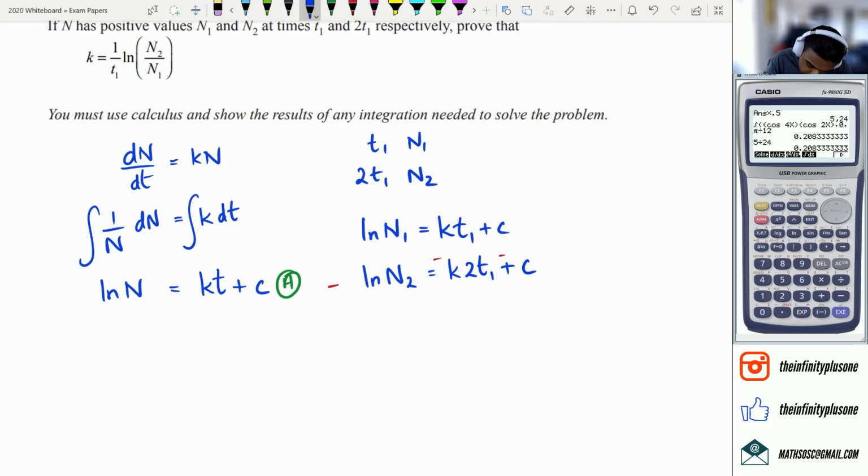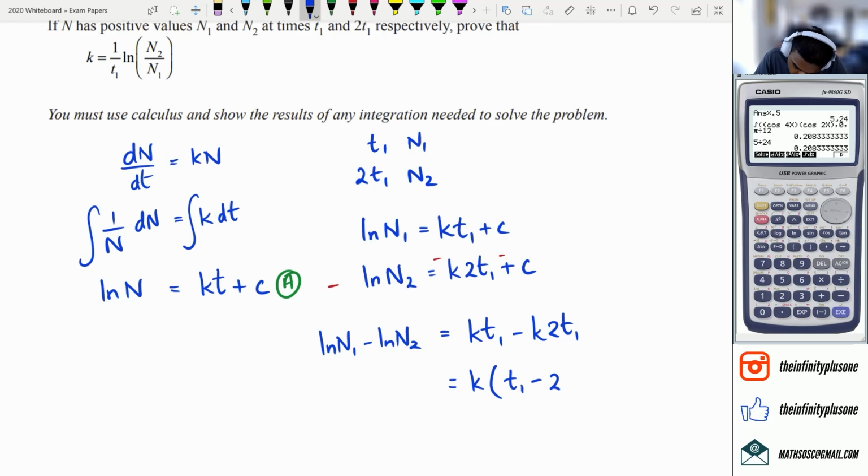So basically, when I subtract, I get ln of n1 minus ln of n2 equals k t1 minus k times 2t1, and the c minus c just becomes 0. The next step is looking at k as a common factor, so I get k times (t1 minus 2t1), and on this side ln of n1 minus ln of n2.